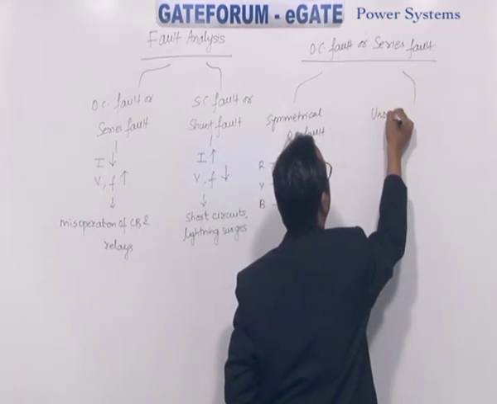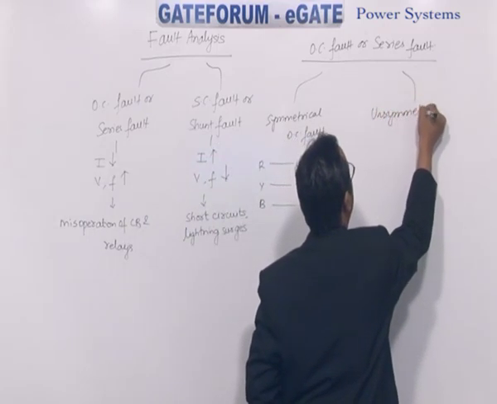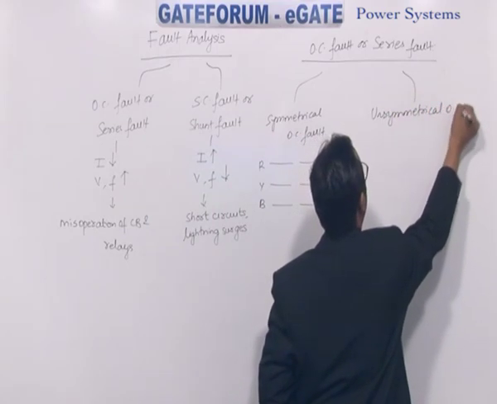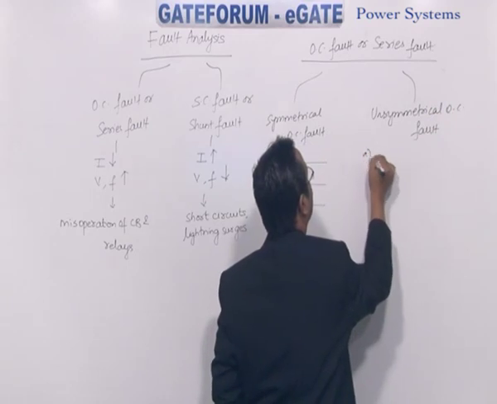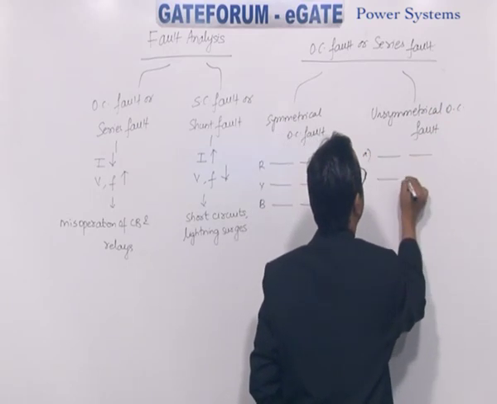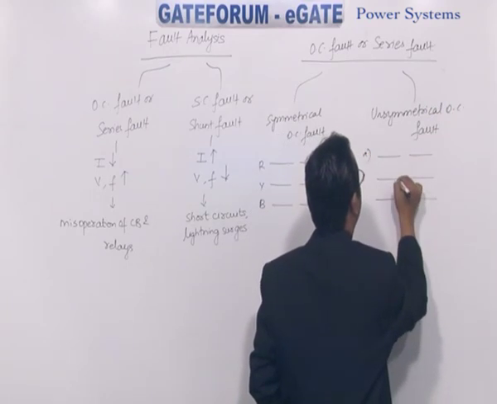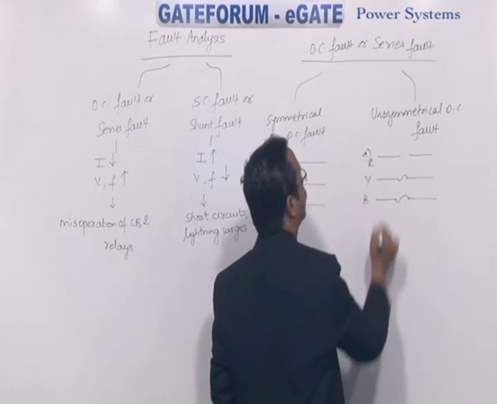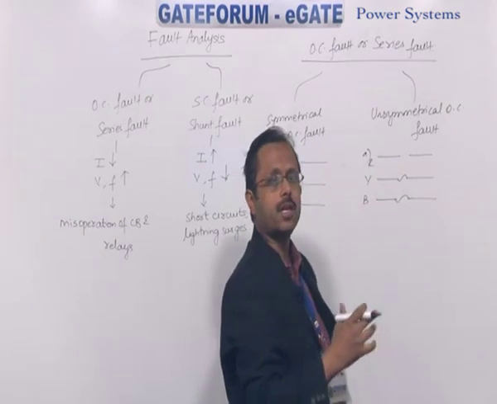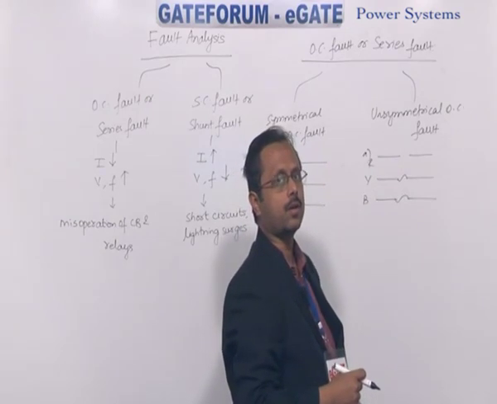Then unsymmetrical open circuit fault. Say the fault involves only one phase. So the fault has occurred in only R phase, so the fuse in R phase is blown out.